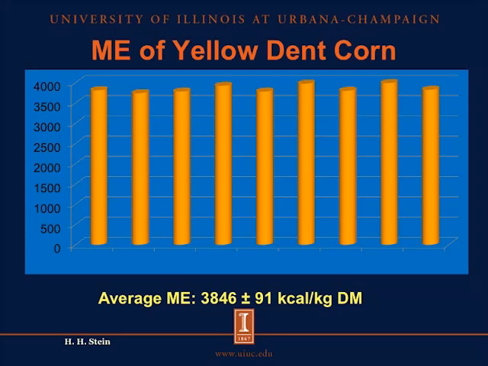And you'll also notice that the variation in the energy concentration in corn has not been very big. It's about 2 percentage units, and there's less variation in the metabolizable energy in corn than there is in most of our other ingredients.